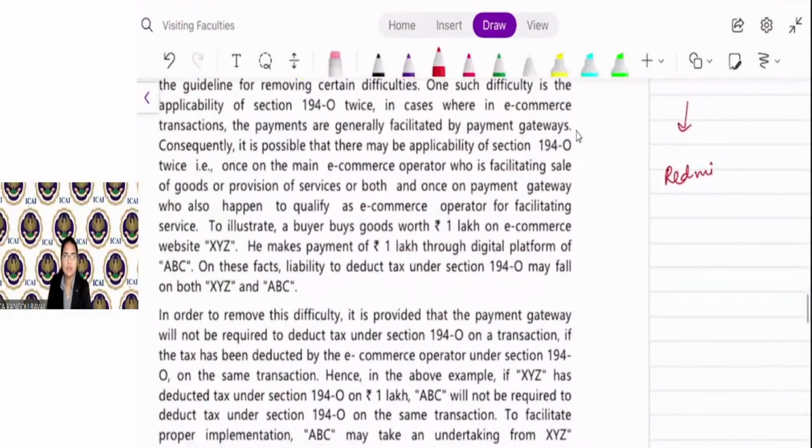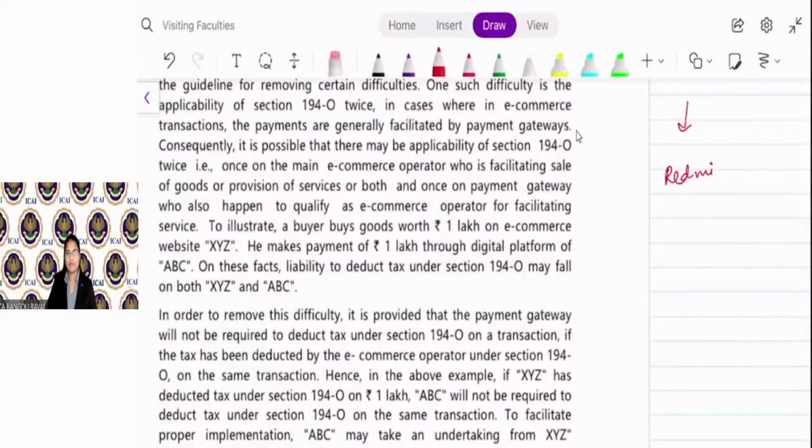Consequently, it is possible that there may be applicability of section 194O twice, that is once on the main e-commerce operator who is facilitating the sale of goods or provision of service or both, that is Flipkart, and once on the payment gateway, that is Google Pay, who also happens to qualify as an e-commerce operator for facilitating service.